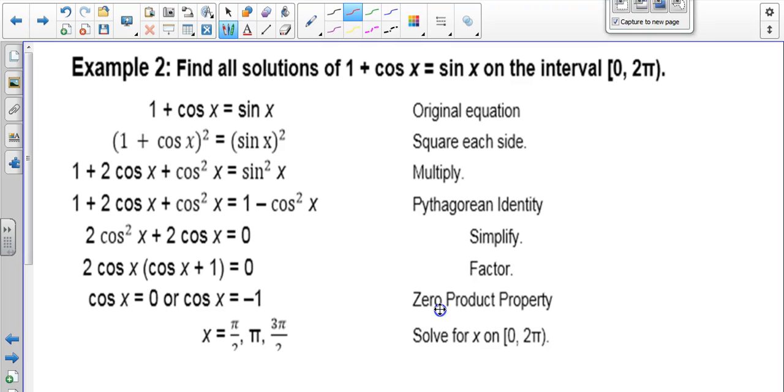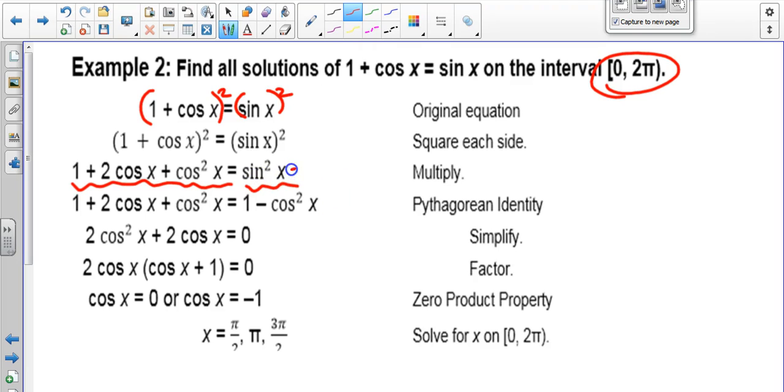Okay. Once again, this is a weird example where you have to square both sides. I don't think there's one on tonight's homework, but we're only looking in this interval. There is not a trade for 1 plus plain old cosine. Does everybody understand that? If it had a cosine squared, we could figure something out, but it doesn't. So what they do is they square both sides, which gives them 1 plus 2 cosine plus cosine squared all equals sine squared.